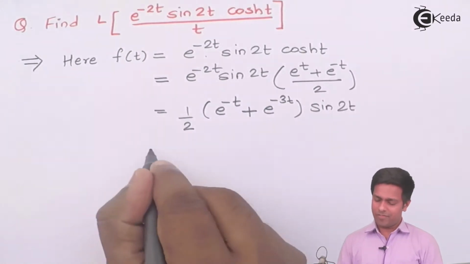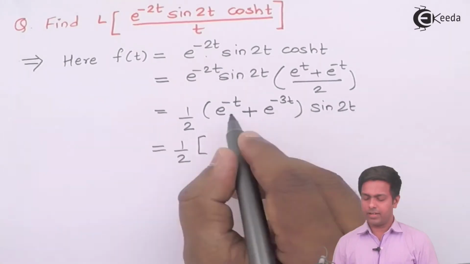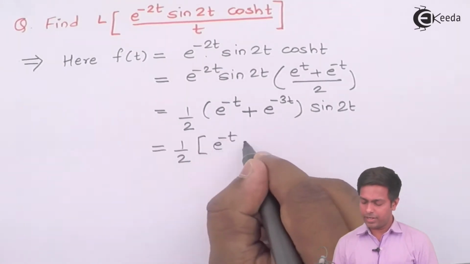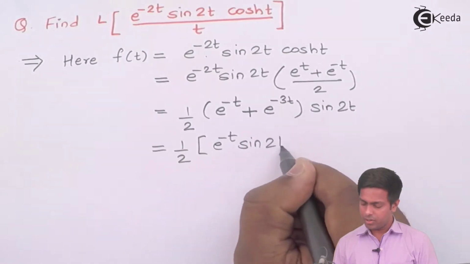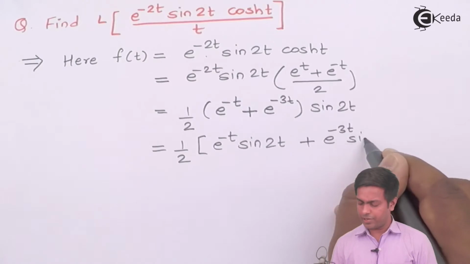So half as it is, and here we will get e to the power minus t into sine 2t plus e to the power minus 3t into sine 2t.